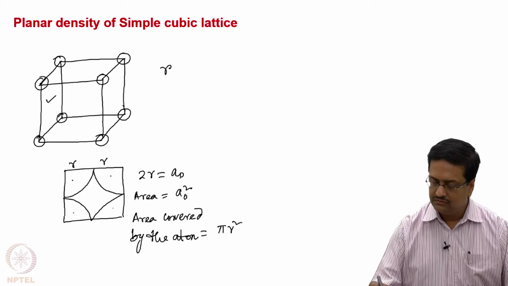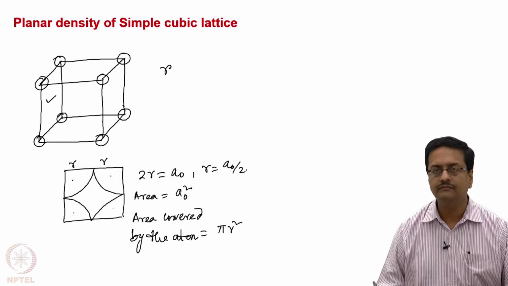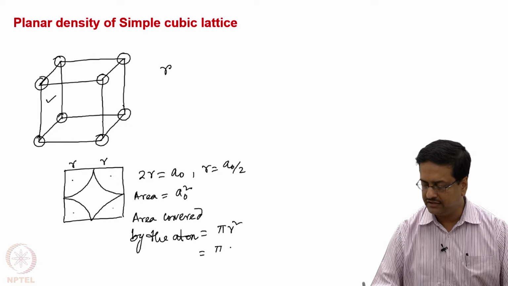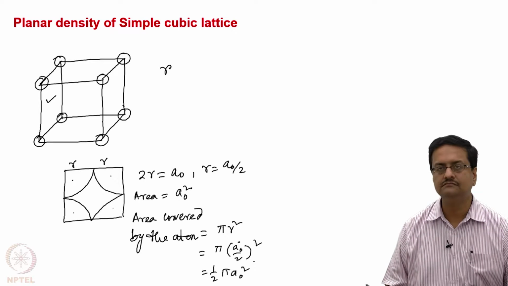We know r equals a0 by 2, so we write pi times a0 by 2 square, that is pi a0 square by 4.